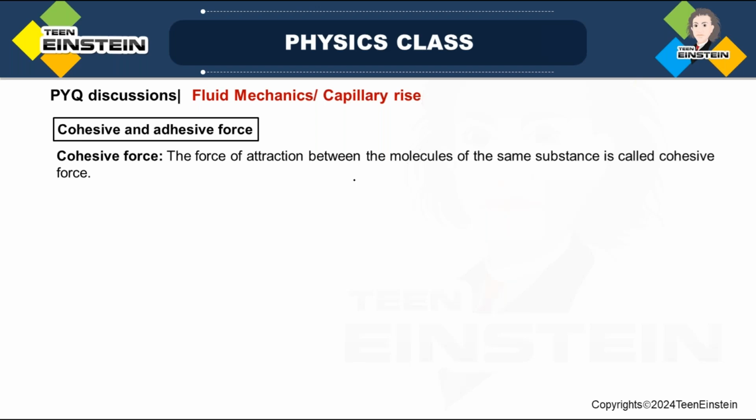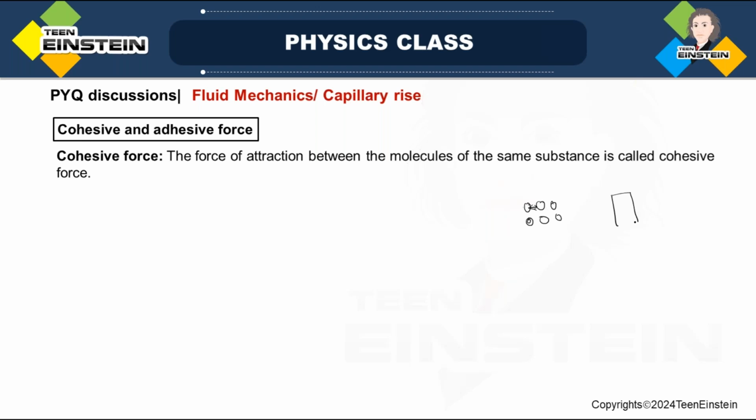Cohesive force is the force of attraction between the molecules of the same substance. Like if I have liquid drops like this, or liquid molecules, they have attraction between them. So this is cohesive force.